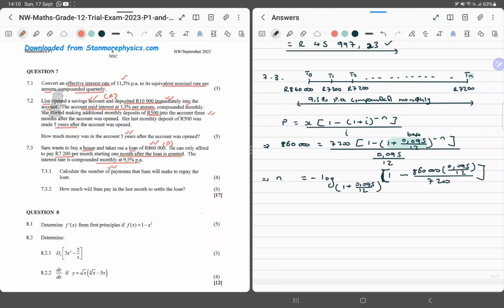So if you know this, it's easy for you guys, because otherwise you're going to end up wasting time writing forever here. You just need to know. So this is minus the log. Now you've got a nice log function there. It's 1 plus 0,095 divided by 12. And then the number is 1 minus 860,000 times 0,095 over 12.